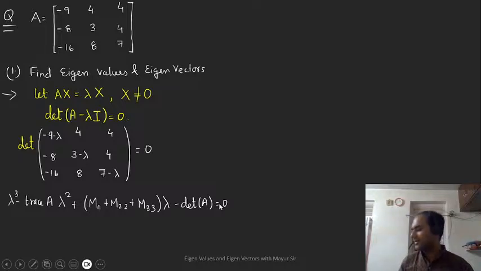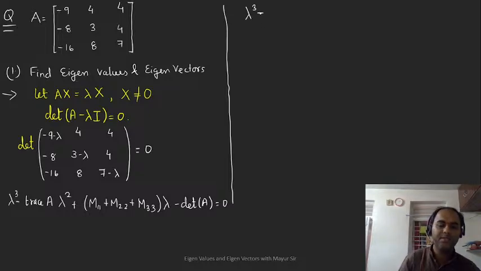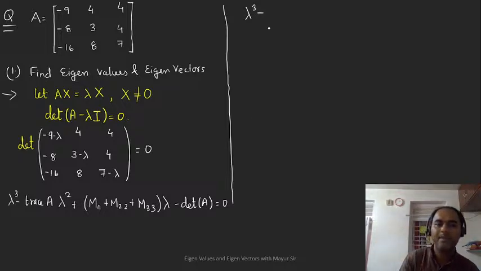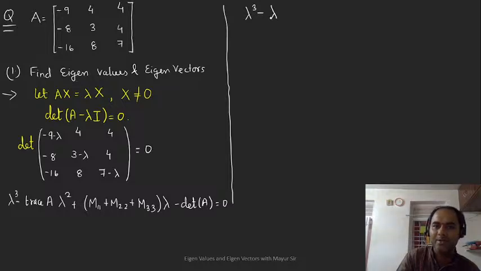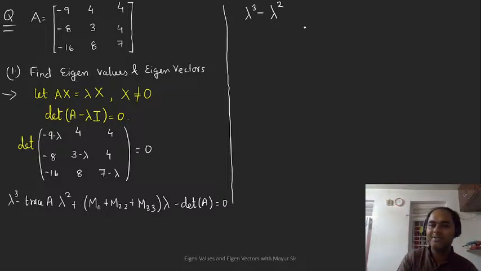So let us see what we get. Lambda cube minus trace A. What is trace A over here? Can you tell? Trace A in this is going to be 3 plus 7 is 10, and the diagonal sum comes to 1. So 1 is the trace.